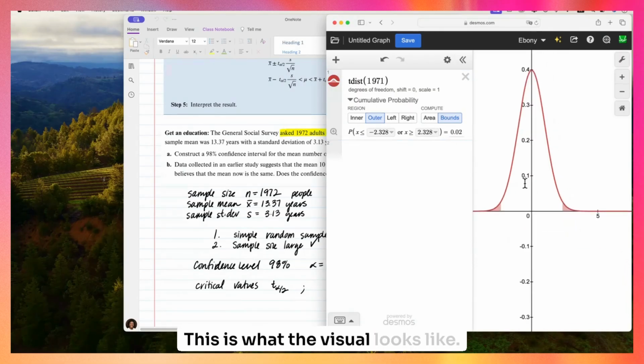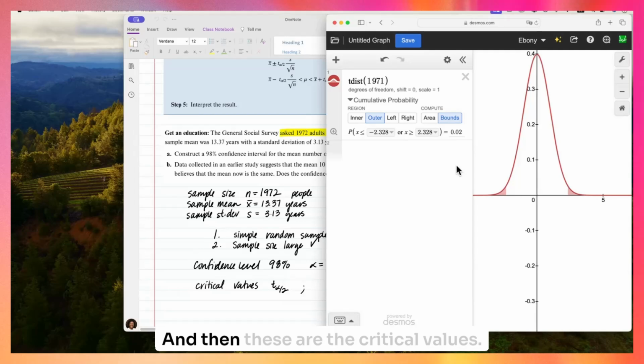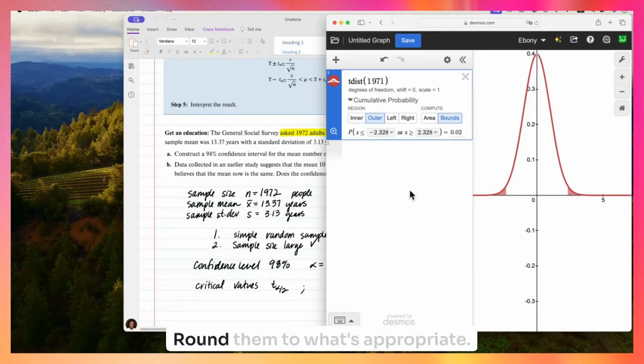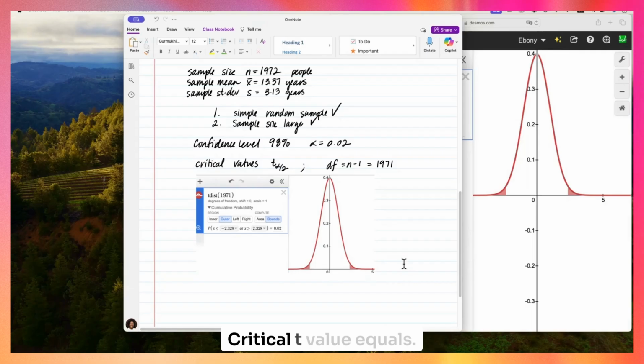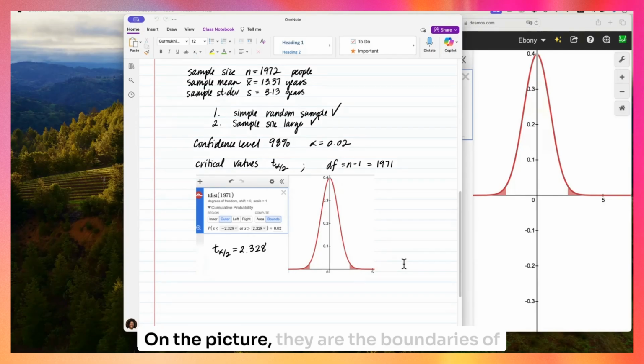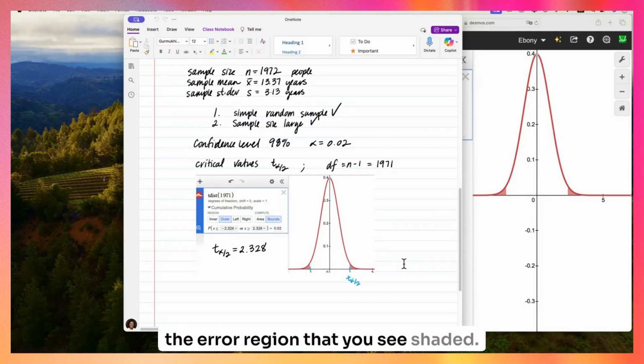This is what the visual looks like. And then these are the critical values. Round them to what's appropriate. We will round to 3 decimal places. Critical t value equals plus or minus 2.328. On the picture, they are the boundaries of the error region that you see shaded.